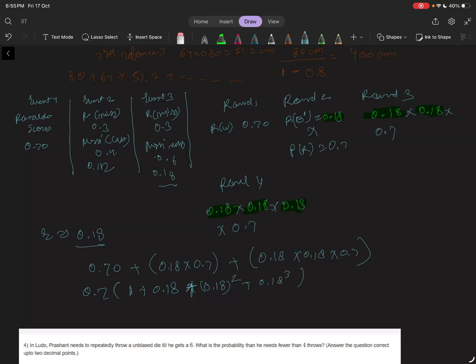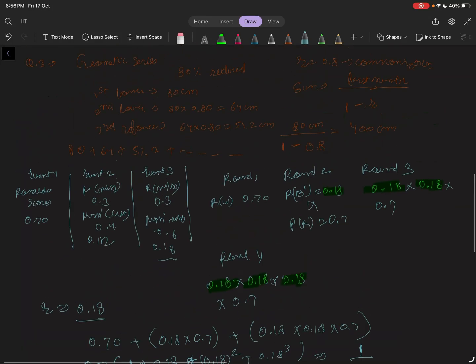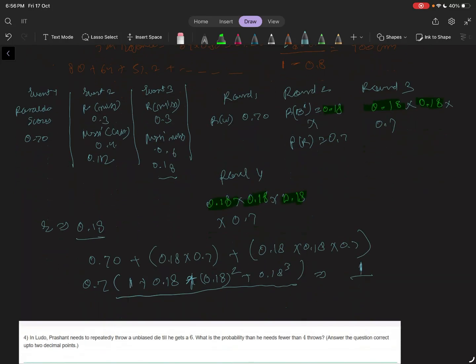Now you have to take the geometric series sum of the infinite series for this. This has to come down to some number because it's decreasing, it's not increasing, right? So it will come down to some finite value. Initially it started with 1, so we are going to write 1 over 1 minus 0.18. As you remember, earlier the series started from a different number, and here it's starting from 1.